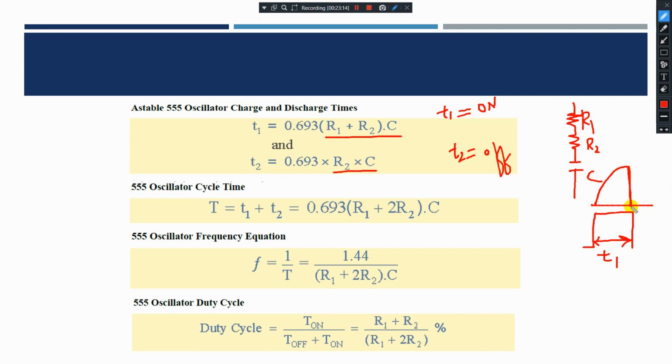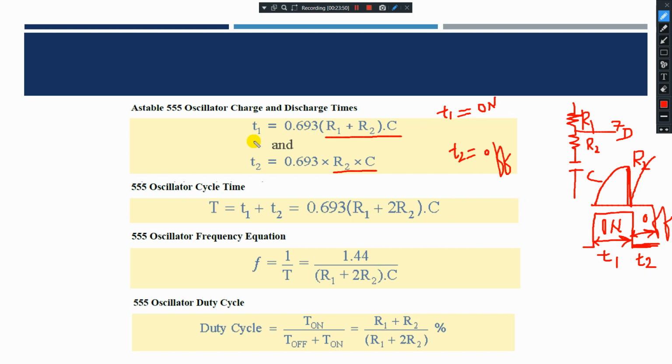Later the capacitor starts discharging, through R2, because it is connected to the discharge pin of the 555. Now it discharges, your output goes to 0, and until the next charging cycle your output remains 0. This is called T2, the off condition. The other is the T on condition.